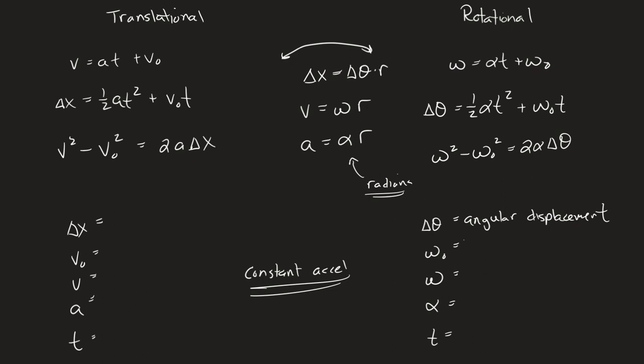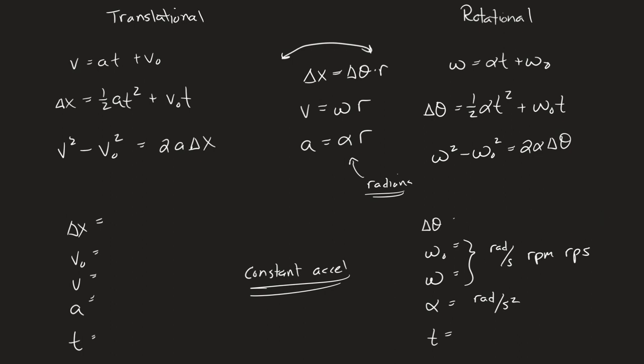Just some reminders, though, that I do want to remind you about. This is going to be radians per second, RPM, or RPS. Those are the units we'll use for angular speed. And angular acceleration, almost always radians per second squared. I never ask for anything else.